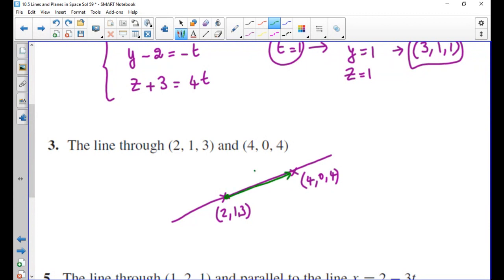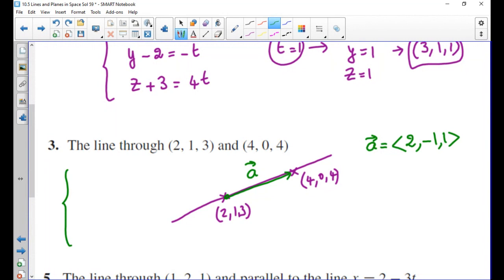Here is our vector A. So you need to write A, and then once you have the vector A, you can write the equation. What is A then? Yeah, 4 minus 2, yeah? You do so it will be 2, minus 1, 1, very good. Okay. Now we can write the equations, no problem. Which point are we going to use?